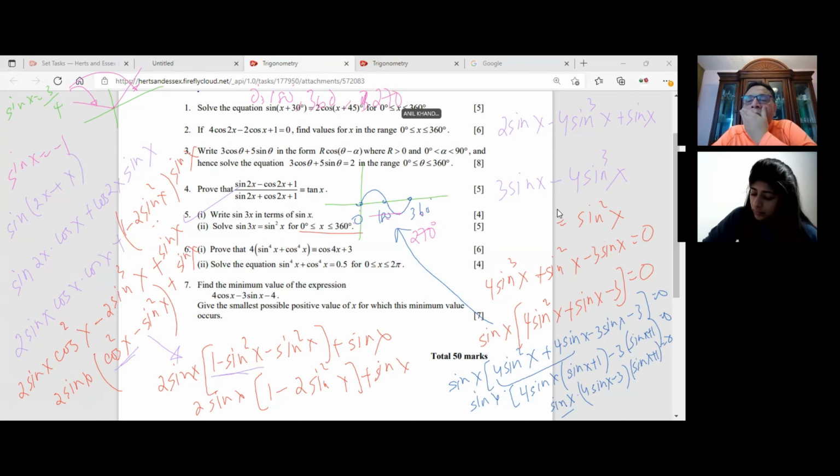What do you get? In degrees, 48.59, so 48.6 degrees. And then 180 minus that, you get 131.4. So these are all the solutions. You get the idea.